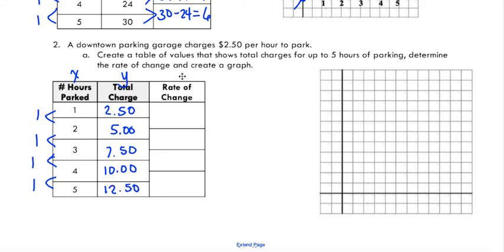So I'm going to take a look at what my rate of change is. I'm taking my Y column, subtracting the one from the bottom and the one above that, which gives me $2.50. Do the same thing for all of these. And I notice I get $2.50.